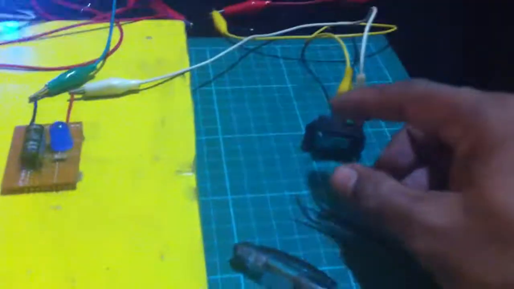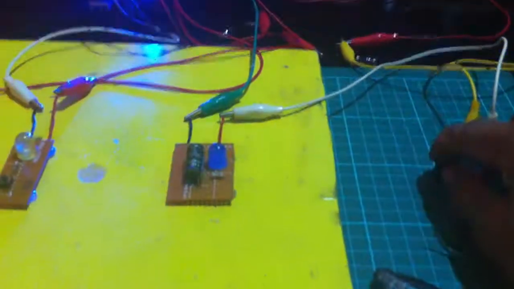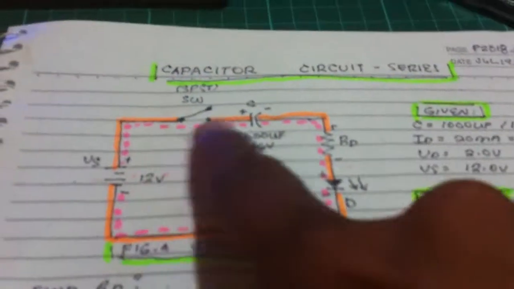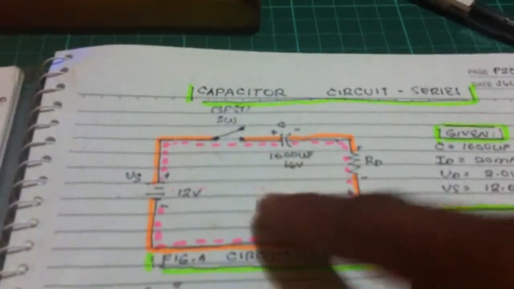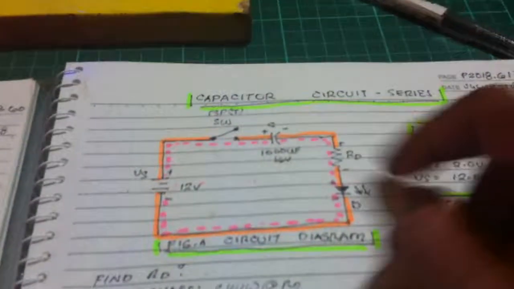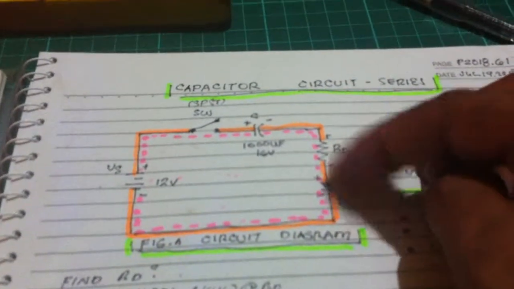First, that is the switch. This one is the switch. Close the switch. There's a light, and then it's fully charged, and the LED is turned off because it's charging very fast, 2.5 seconds. When it's fully charged, there's no current flow here, LED turns off.